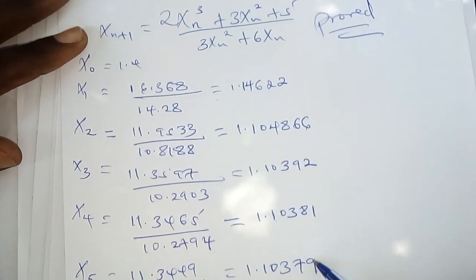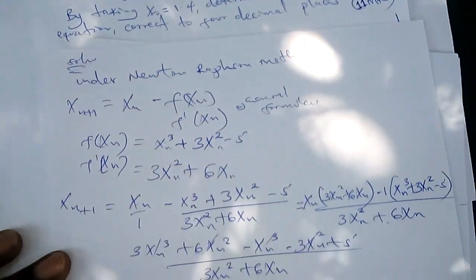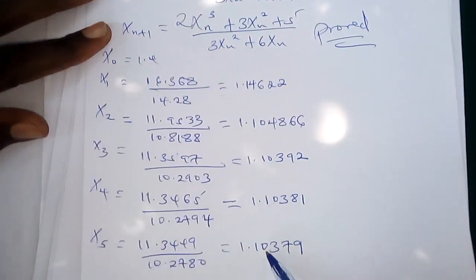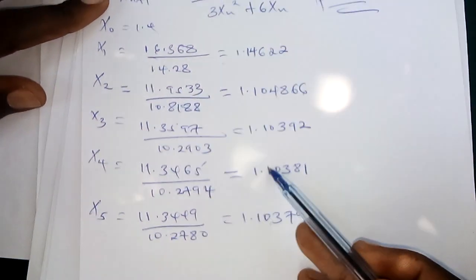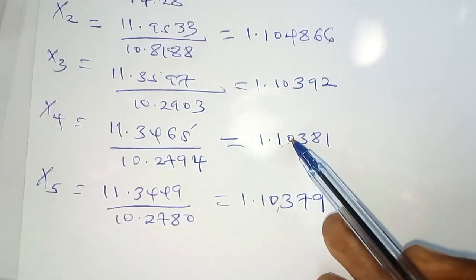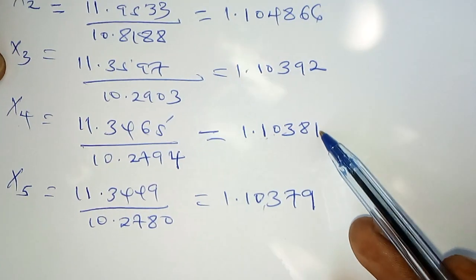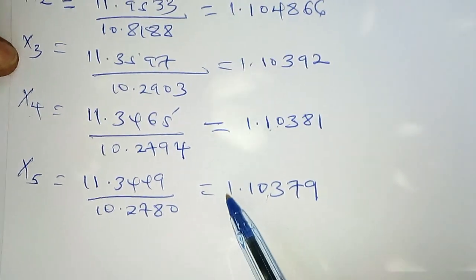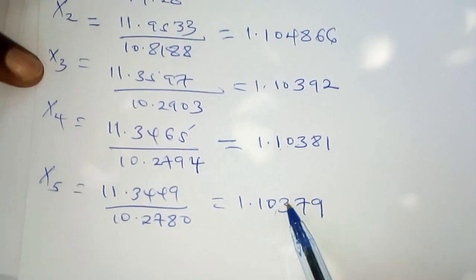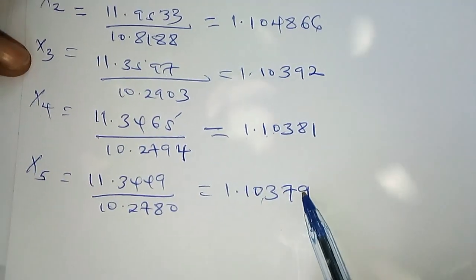And you can see this is to 5 decimal places and this is to 5 decimal places, 1 2 3 4 5. And the question demands 4 decimal places. So you compare this one and this one. You can see this is 1.10381. And what about this one? 1.10379.